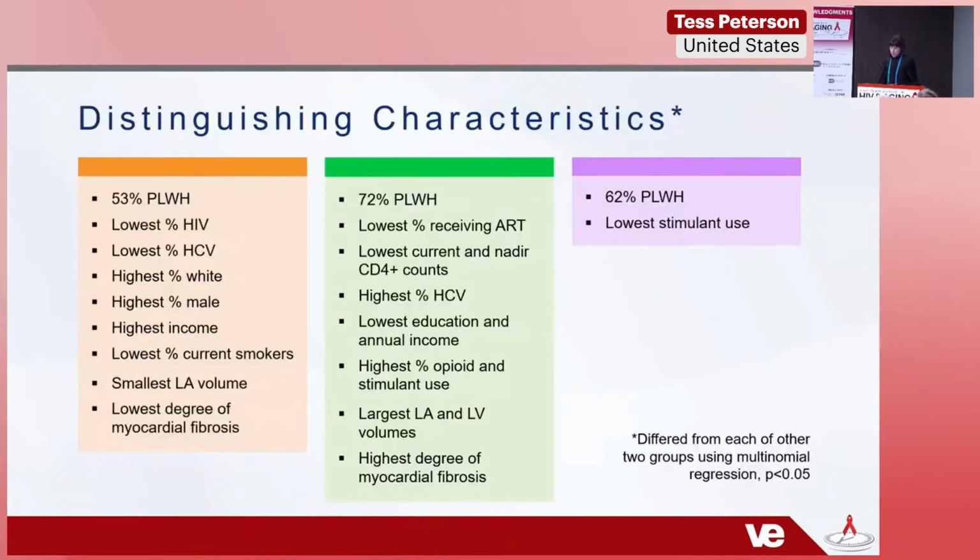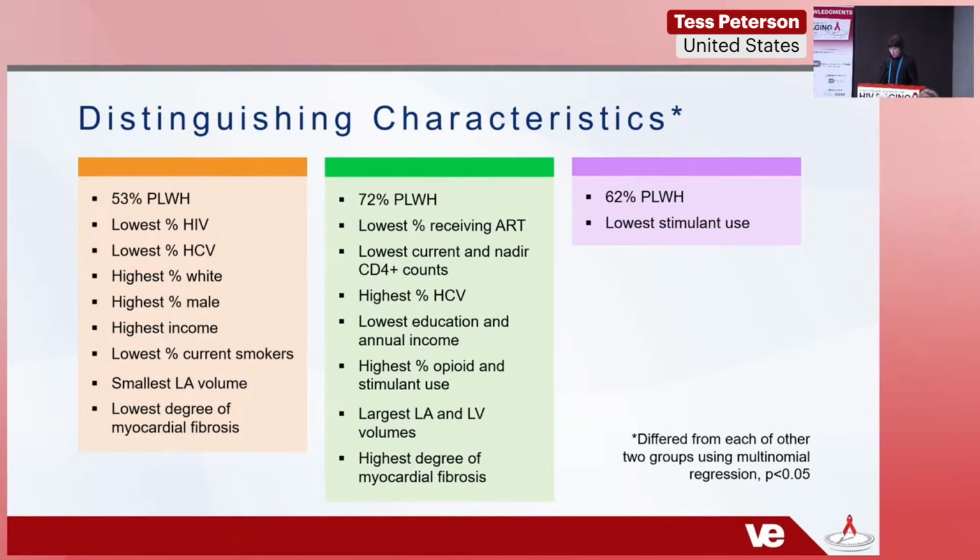So what do these participants in these clusters look like? What I'm showing you here are what I'm calling distinguishing characteristics, which I define as factors that statistically differ from each of the other 2 groups using multinomial regression.